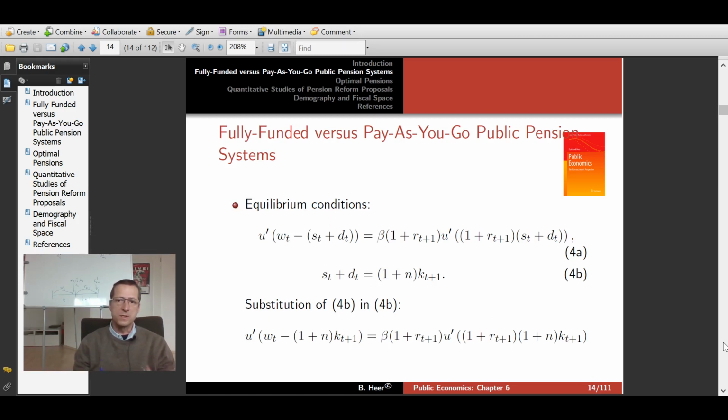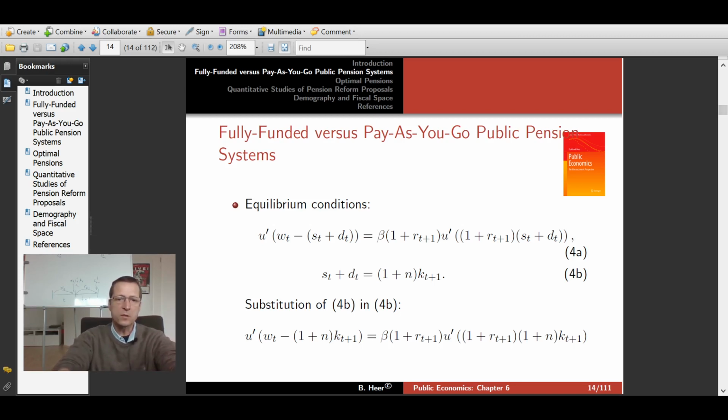So this is the description of our Euler equation 4a, and equation 4b is our capital market equilibrium. So the private savings ST plus the public savings DT are invested in the stock market and are equal to the capital stock at the beginning of period t plus 1.